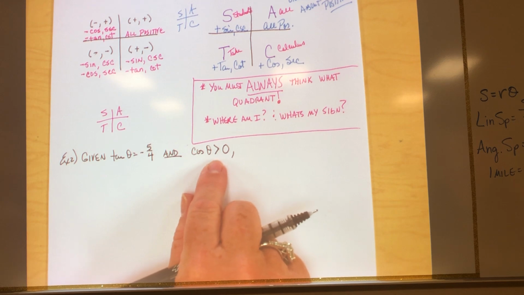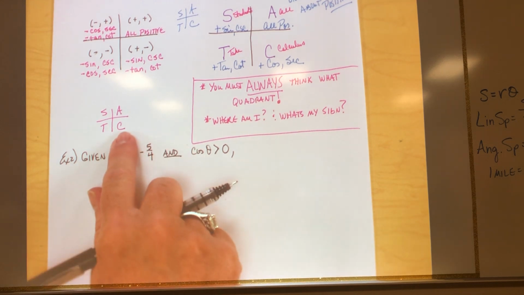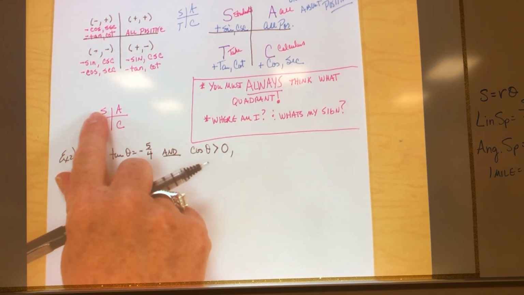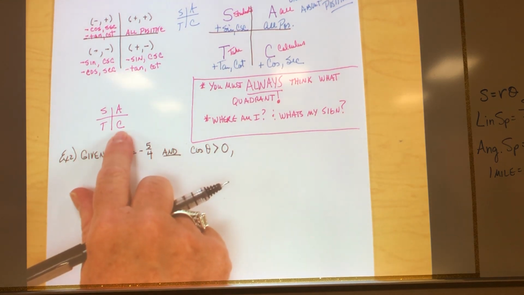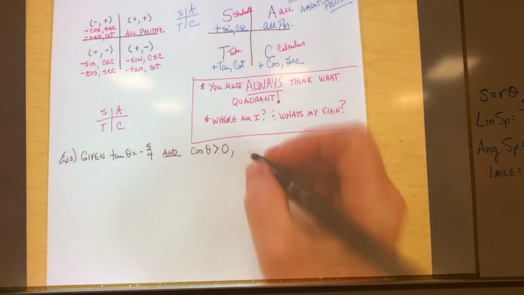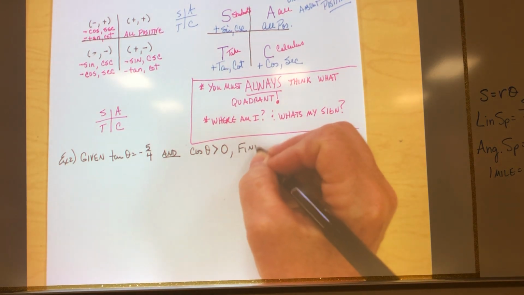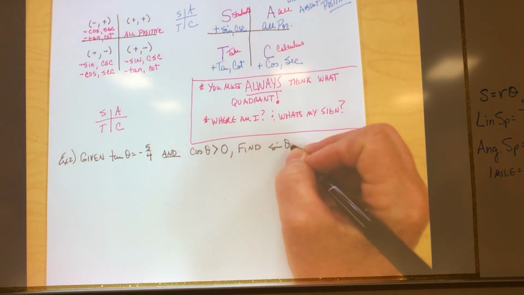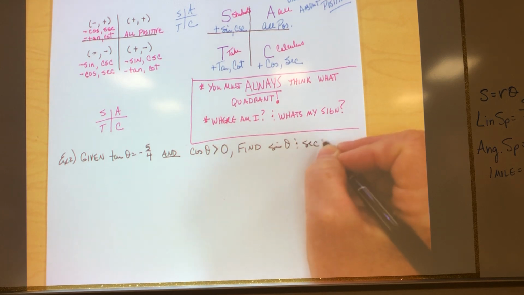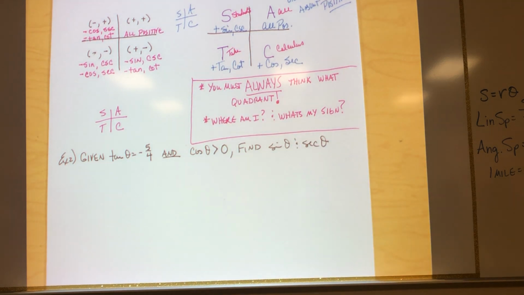Does everybody know what quadrant we're in? Fourth. Fourth quadrant, okay? In the second quadrant, only sine and cosecant are positive. Cosine is negative. So cosine is positive here. They're going to ask me to find the sine of theta and the secant of theta. That's what they want me to find.